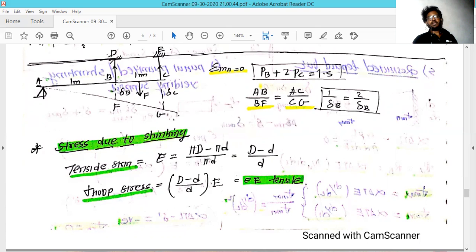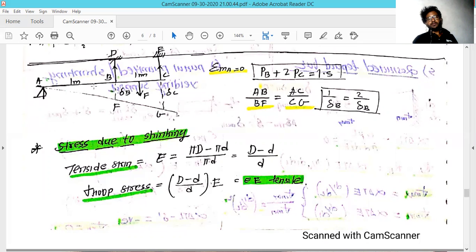PB is nothing but the tension generated in that cable, multiplied by the 1 meter length from point A to point B. Now you move from B to C, which takes 2 meters, and the force generated at cable CE is denoted as PC. This is equal to 1.5, because up to point B it is 1, and after that it is halfway between the two points, BC, which is 1 meter apart, so it becomes 0.5.